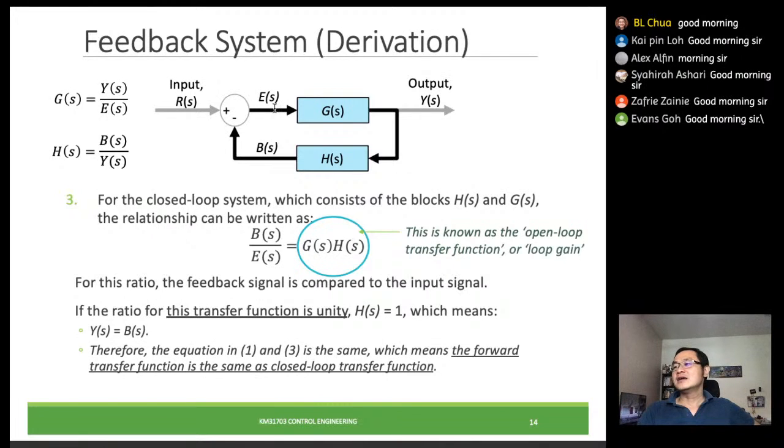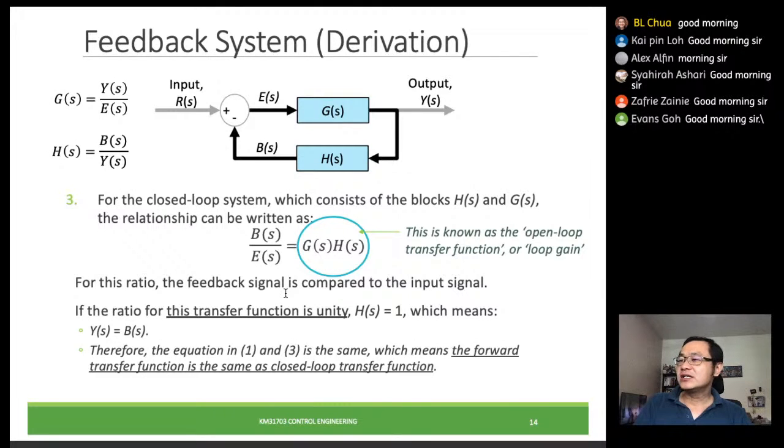If we compare the ratio between B and the error E, this is in a series form, so we just multiply them. G multiplied by H, so we get B over E equals G times H. This is the so-called open loop transfer function, or loop gain.